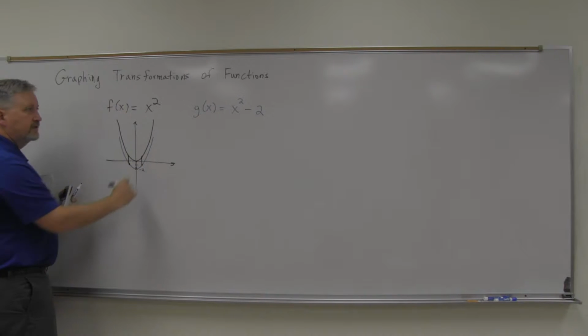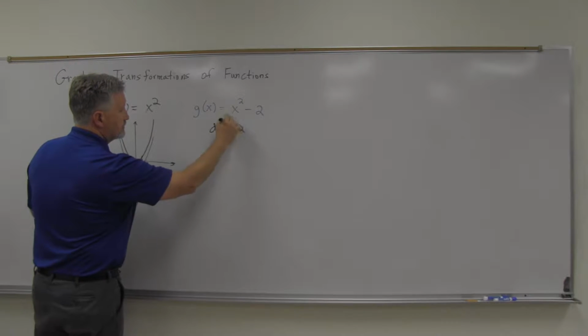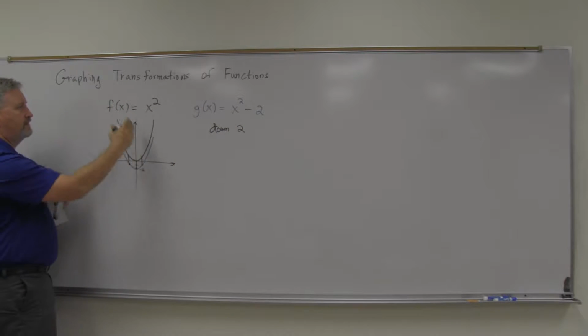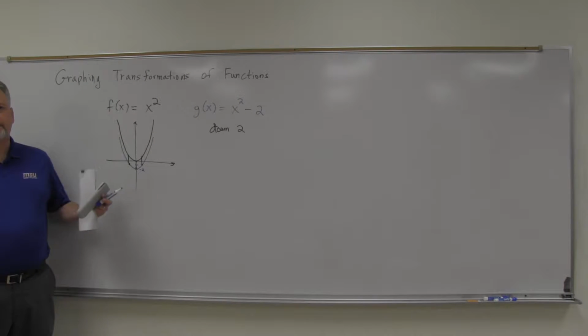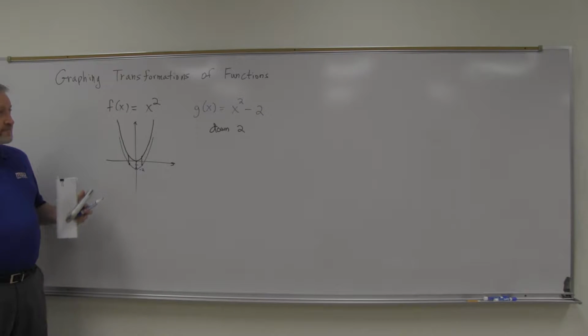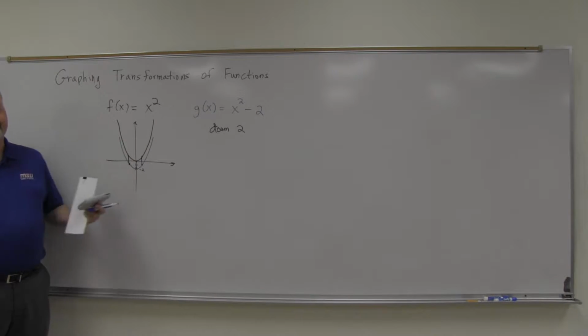Each point, the transformation here has transformed the x squared graph and moved everything down 2. So that's a fairly nice, easy little thing. If we made it x squared minus 3, down 3. x squared plus 3, up 3.